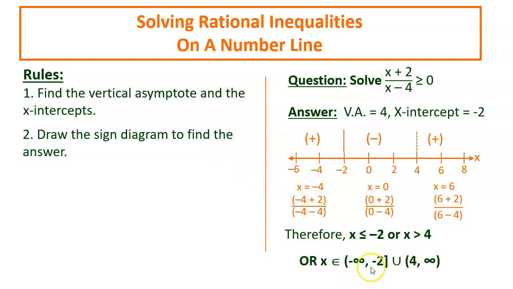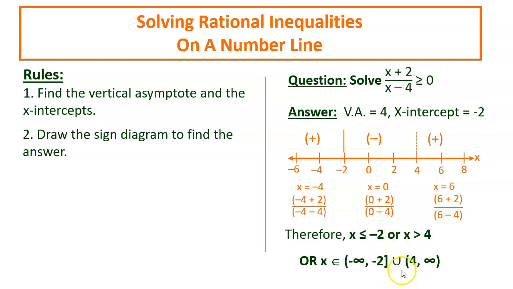So it is negative infinity comma negative 2, but negative infinity is not a number and cannot be included, so we have the parenthesis. But negative 2 is included, hence the square bracket.